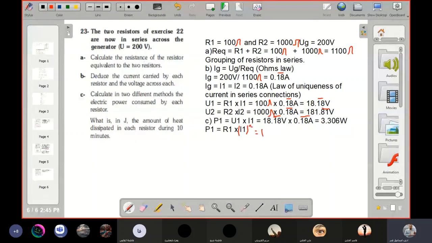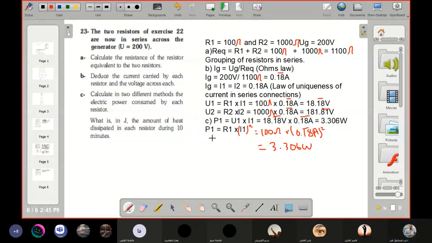R1 is 100 ohms times I1, which is 0.18 repeating, all squared. It will give the same answer, which is 3.306 watts.